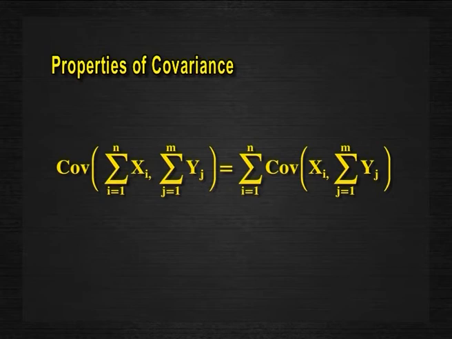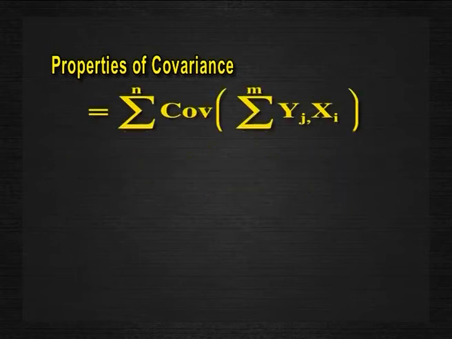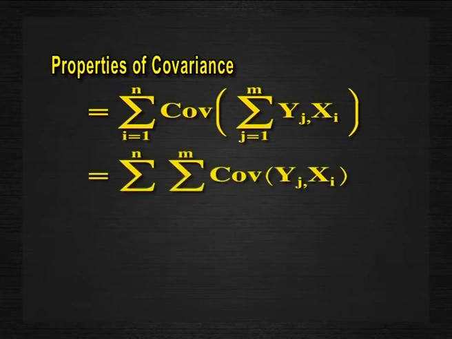Using property of symmetry, we can write summation over i is equal to 1 to n covariance of summation over j is equal to 1 to m Y_j, X_i. Again from 1 we get summation over i is equal to 1 to n summation over j is equal to 1 to m covariance of Y_j, X_i.